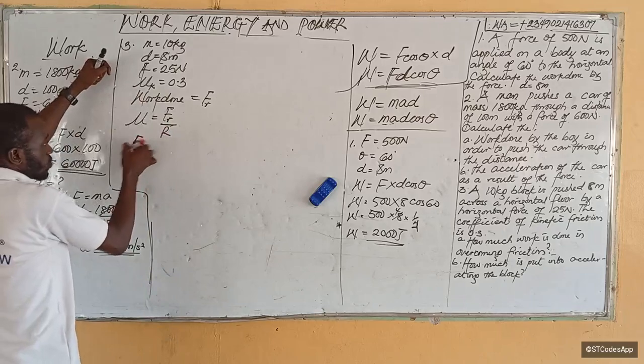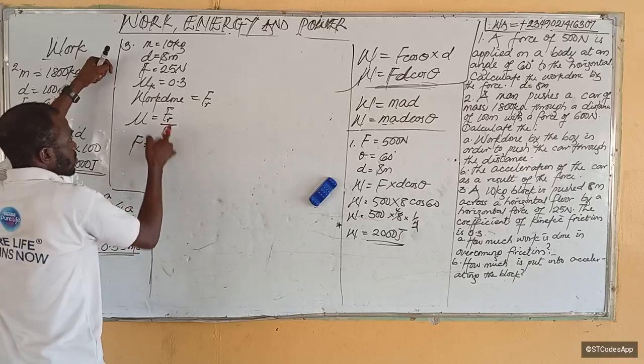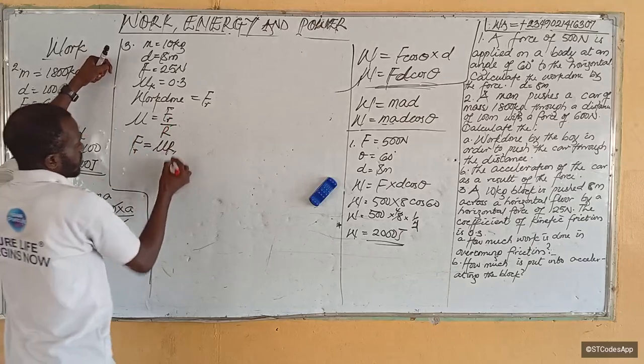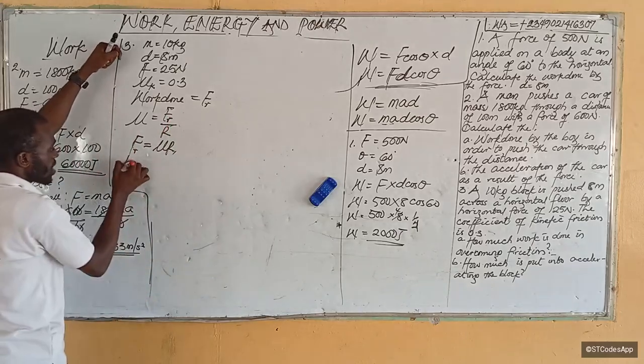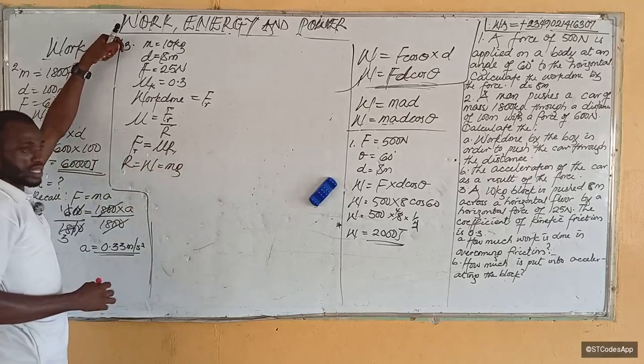So F sub r therefore becomes mu R. And for a body on horizontal ground, R is equal to the weight of the body, which is mg.